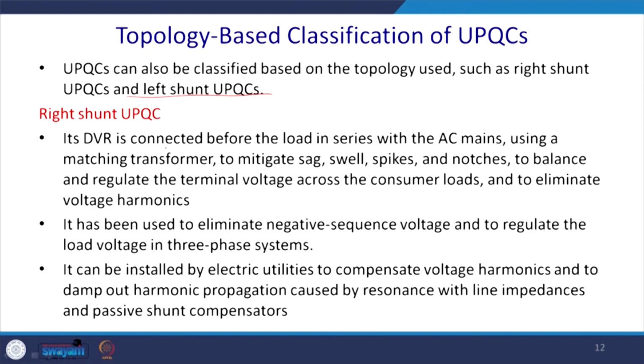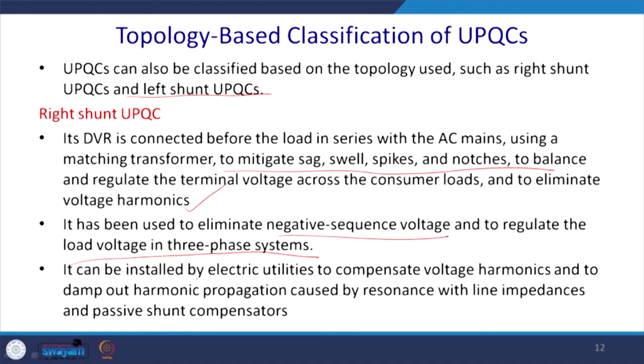The DVR is connected before the load in series with the AC bus using a matching transformer to mitigate sag, swell, spikes, notches, unbalance, regulate the terminal voltage across the consumer loads, and eliminate voltage harmonics. It is used to eliminate the negative sequence of the voltage to regulate the load voltage in a 3-phase system. So, it is extensively used for this reason.